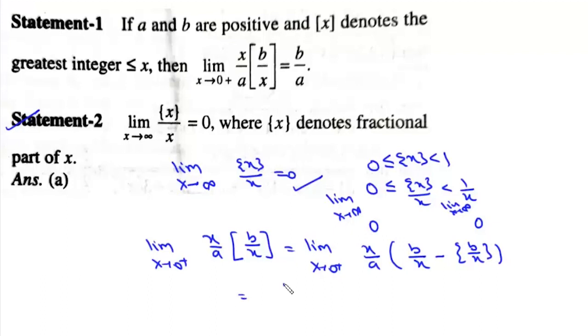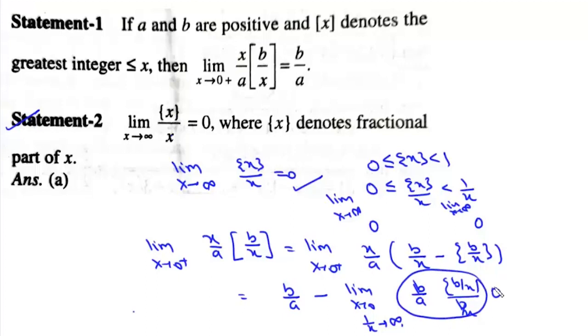Now we can write this as b upon a minus this limit x tends to 0, and we can rearrange this as 1 upon a, b by x, and this is 1 by x. We'll multiply and divide with b also. Now when x tends to 0, 1 by x tends to infinity. Now statement 2 says if x tends to infinity, then fractional part of x upon x is 0. So in that case, this limit will be 0. So value of this limit will be simply b by a. So statement 1 is true, statement 2 is true, and statement 2 explains statement 1.